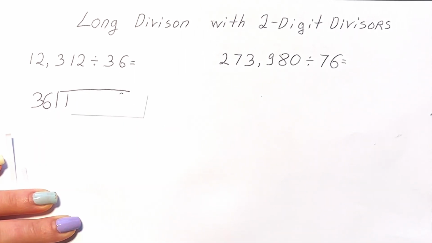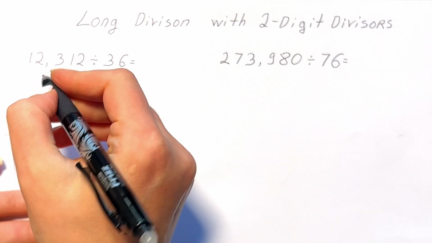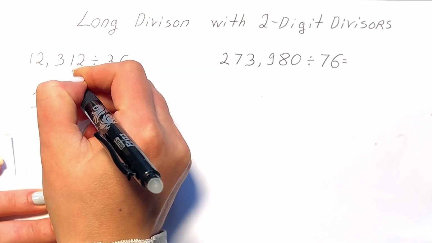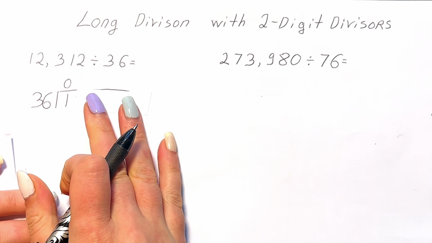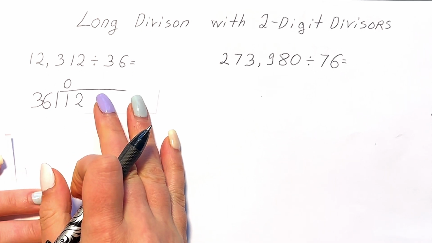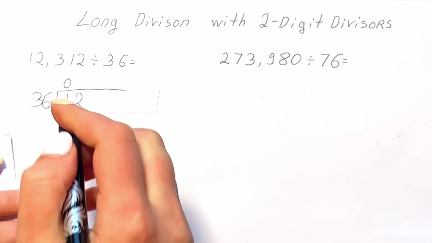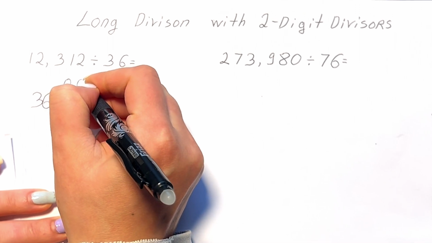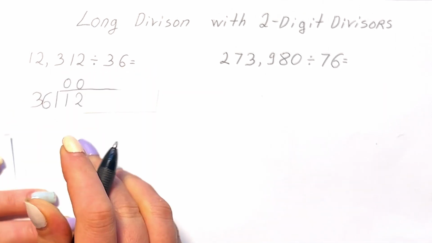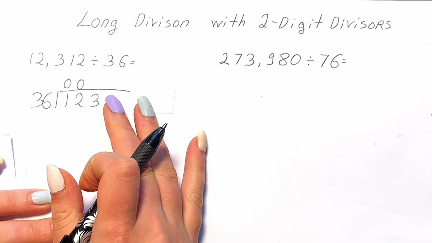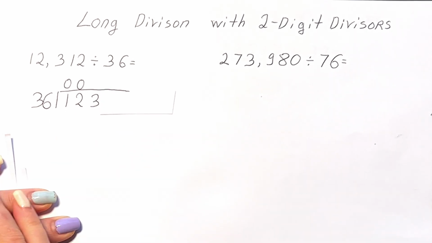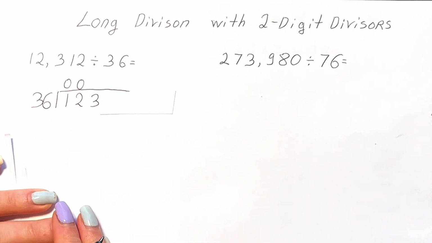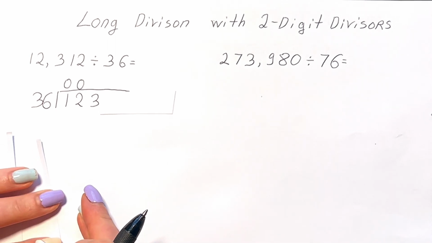Okay, 36 goes to 1 0 times. I'm gonna bring the next digit. 36 goes to 12 0 times. I'm gonna bring the next digit. 36 goes to 123. Let's see how many times.